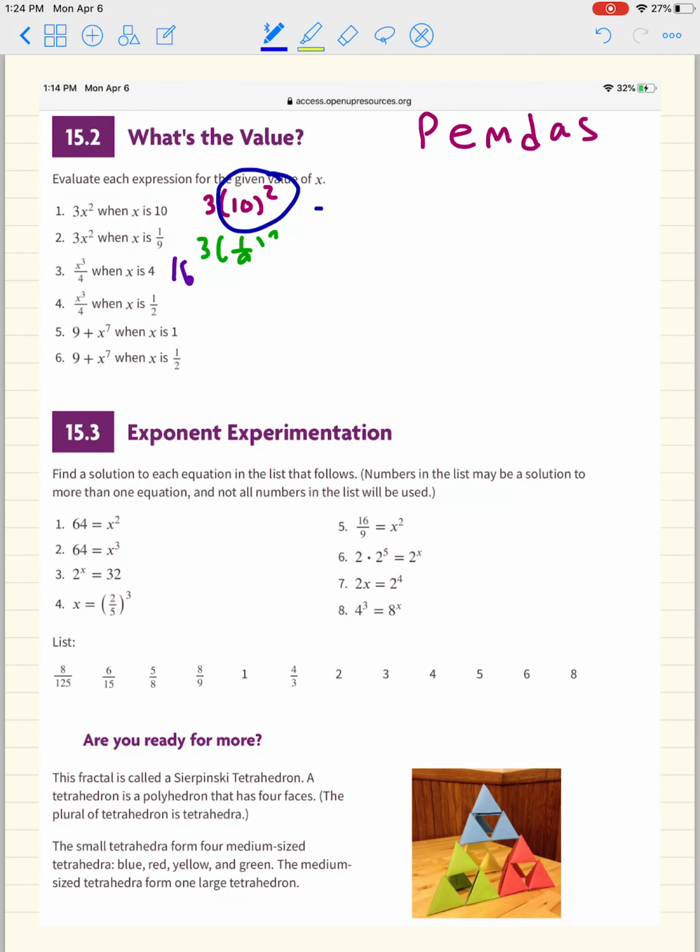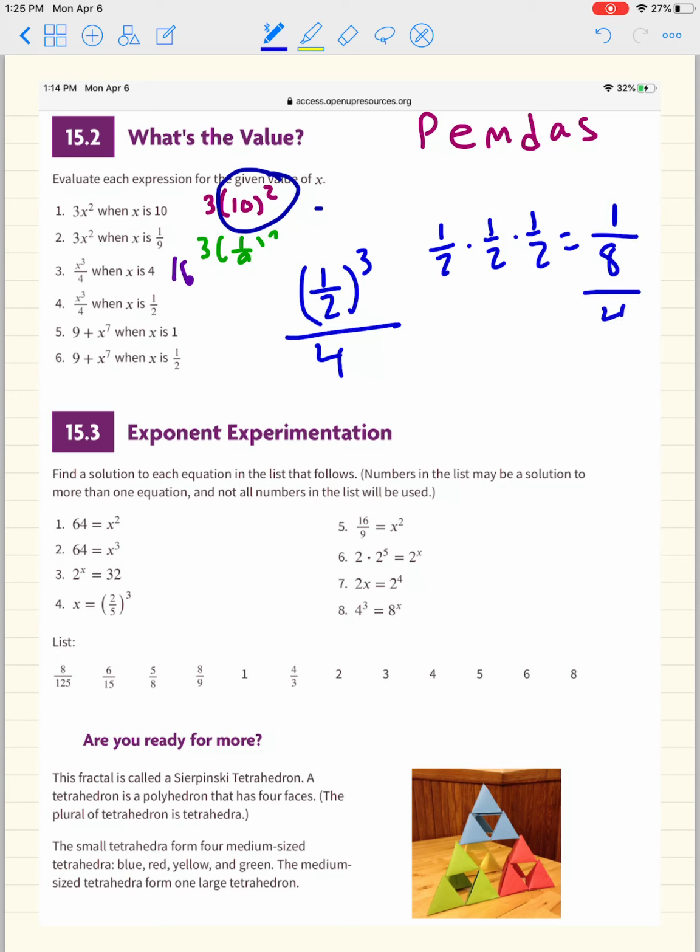Okay, next one. X cubed over 4 when x is 1/2. So we're going to have 1/2 cubed over 4. 1/2 cubed is 1/2 times 1/2 times 1/2. And you're going to end up with 1/8 over 4.